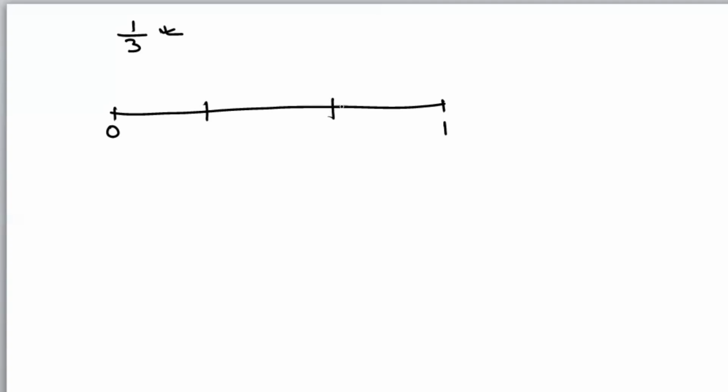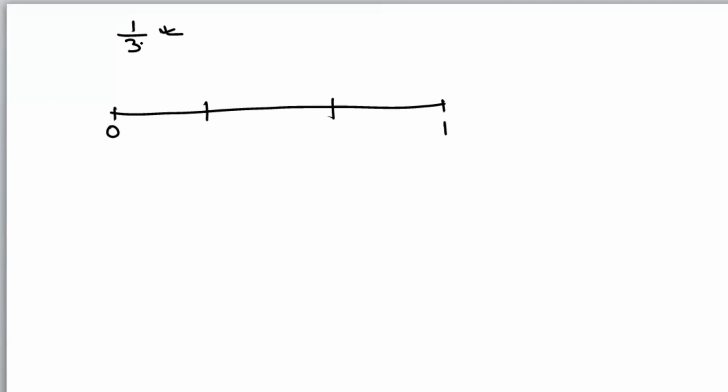So when we represent a proper fraction on a number line, first we have to look at the denominator, and the denominator tells us into how many parts we have to separate the line between 0 and 1. Here the denominator is 3, so we divide it into 3 equal parts.